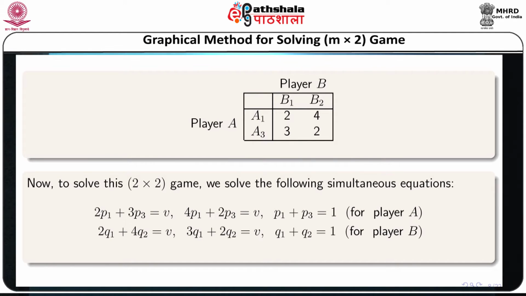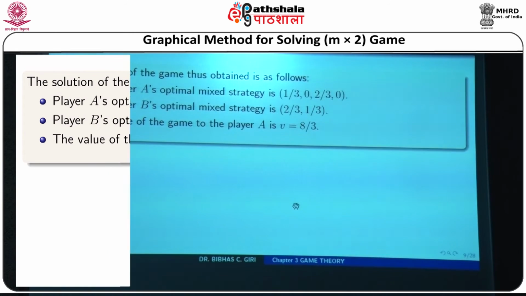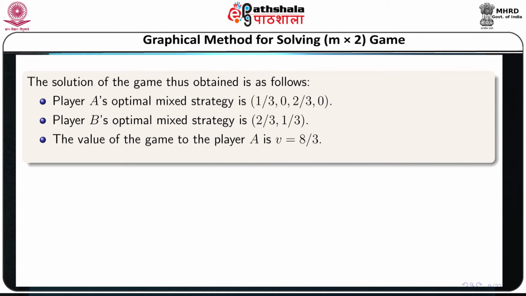P1 is the probability for selecting the move A1 and P3 is the probability for selecting the move A3 of player A, and similarly Q1 is the probability for selecting the move B1 and Q2 is the probability for selecting the move B2, where P1 plus P3 equals 1 and Q1 plus Q2 also equals 1. Solving this system of equations, we find player A's optimal mixed strategy as (1/3, 0, 2/3, 0), and player B's optimal mixed strategy as (2/3, 1/3), and the value of the game to player A is V equal to 8/3.